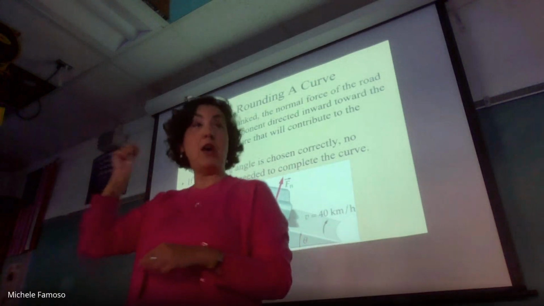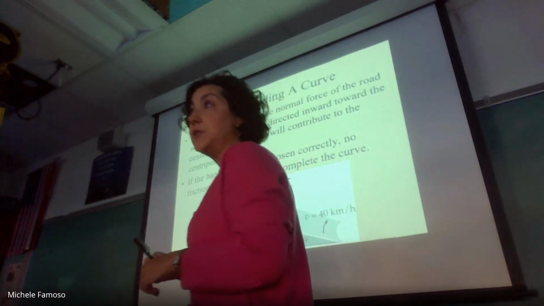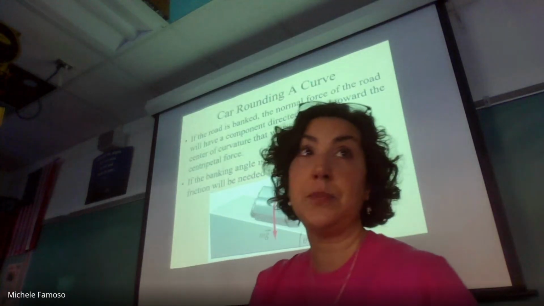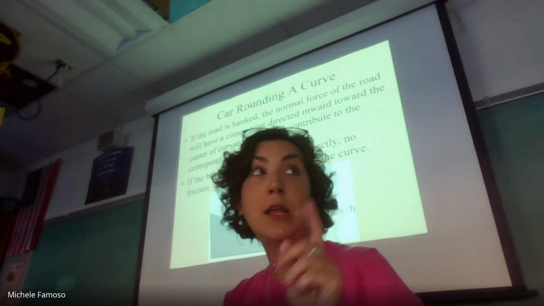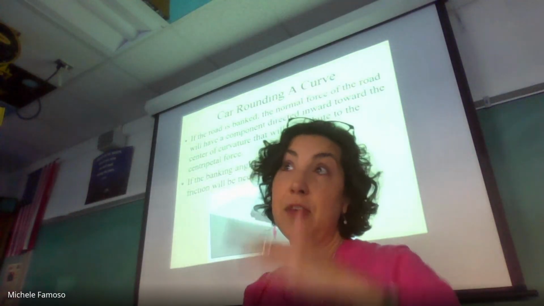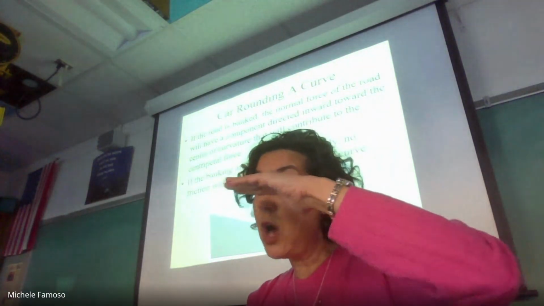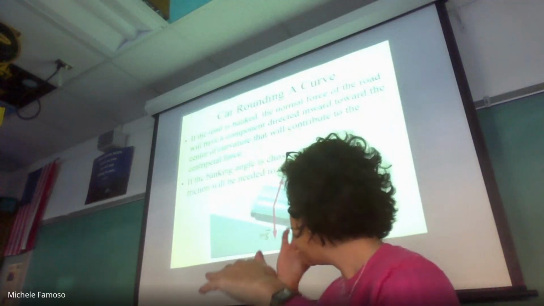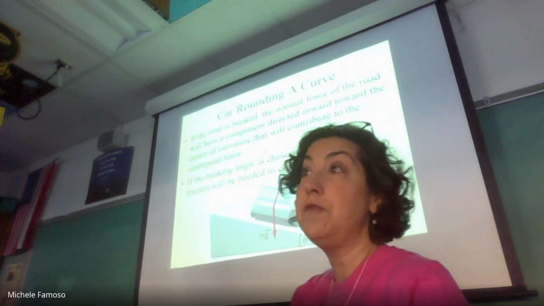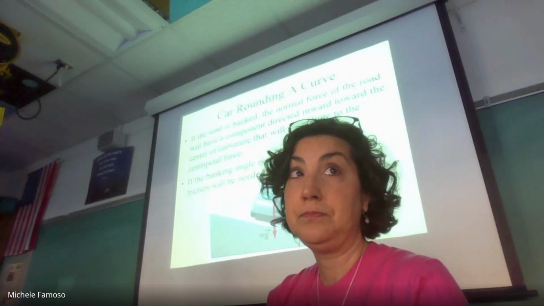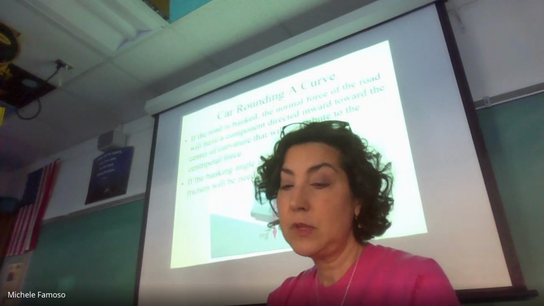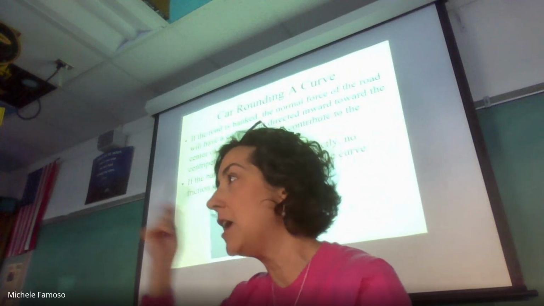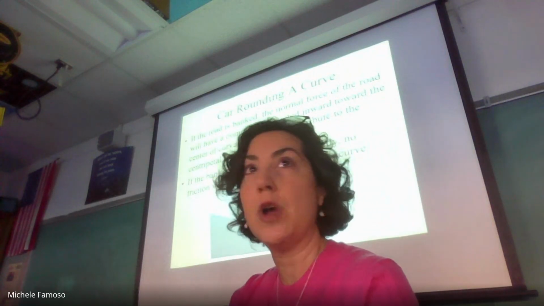So what are you going to resolve in this case? The normal force. The normal force gets resolved into parallel and perpendicular components, not the weight. And the parallel component, the horizontal one, is the centripetal force in that picture. You follow what I'm saying? So it's not an automatic thing. You've got to think a little bit more in terms of what you are supposed to do.